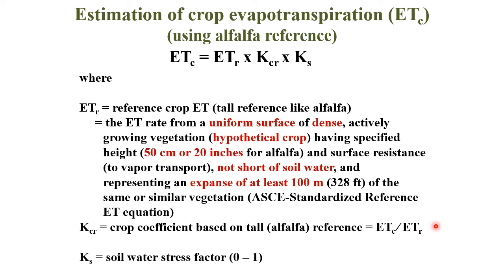Another factor is the soil water stress factor, Ks, which represents soil water stress based on the moisture content of the soil profile. A Ks of 0 represents maximum stress, while a Ks of 1 represents no stress.